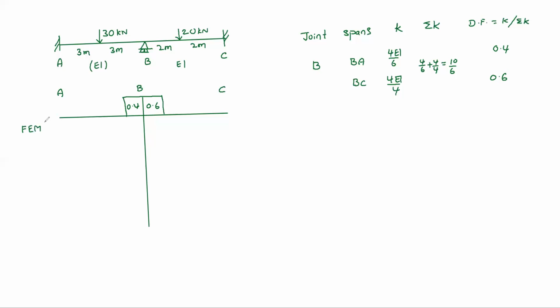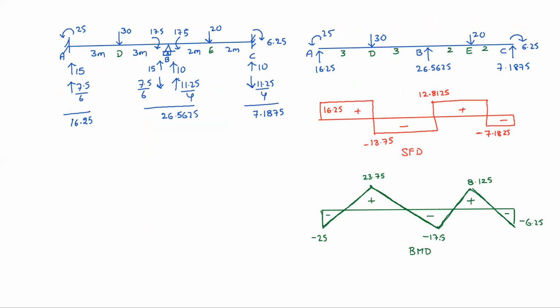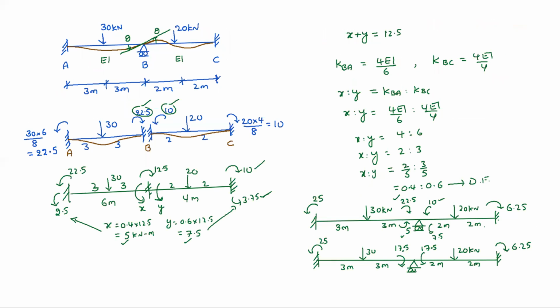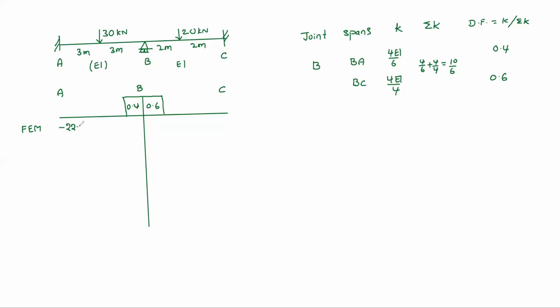Then fixed moments here. We have calculated them already. What are those? 25, 17.5. Sorry, 22.5, 22.5, 10 and 10. That is anti-clockwise 22.5 and clockwise 22.5, anti-clockwise 10 and clockwise 10. Now here we need to make it 0. 22.5 minus 10, net is 12.5.